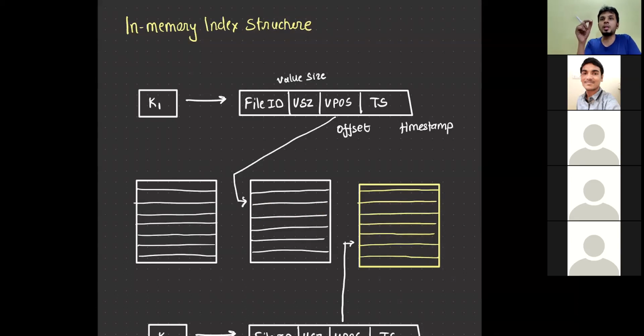Because when you have your in-memory index, it says this is the file, this is the offset. But how many bytes would you want to read? Right, that length. So although they called it VSZ, basically value size, it has to be the entry size. That's my best guess, and that makes more sense than storing a value size over here. That is my interpretation, because when you write code, you would need to know how many bytes you would want to read.